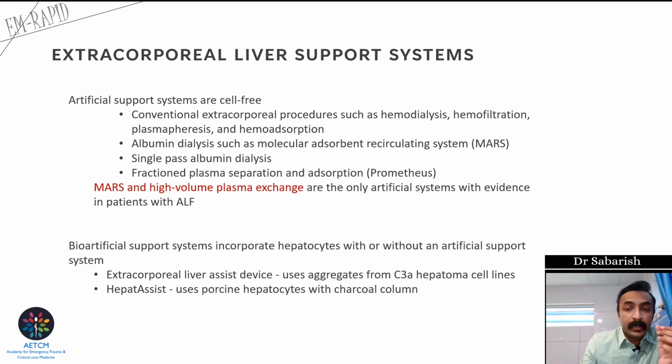Then there is the Prometheus, that is fractionated plasma separation and adsorption. And among all these, only MARS and high volume plasma exchange have produced at least some evidence of benefit in ALF so far. And the bioartificial support systems, you have the extracorporeal liver assist devices and HepatAssist. So this is a quick outline on something which is of interest and we should all be aware of.